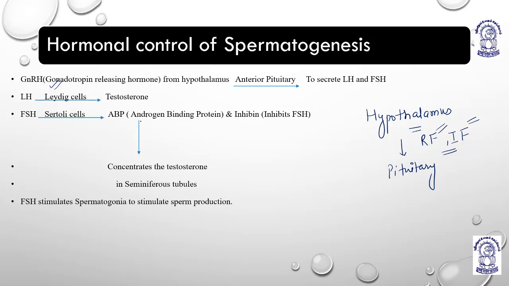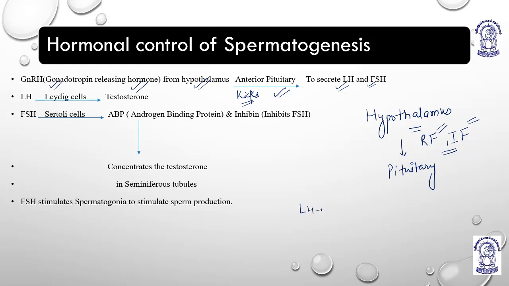And that is why the gonadotropin releasing hormone from the hypothalamus pushes the anterior pituitary to secrete luteinizing hormone and follicle stimulating hormone.